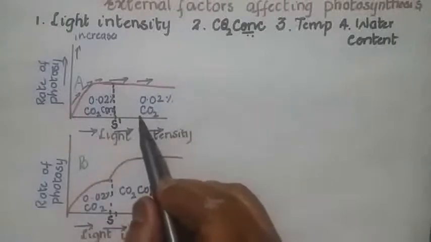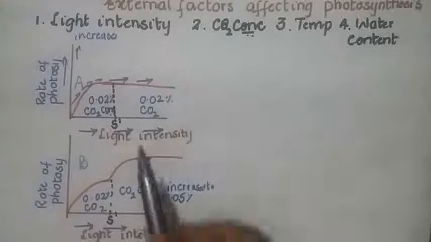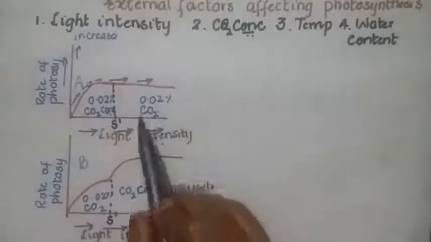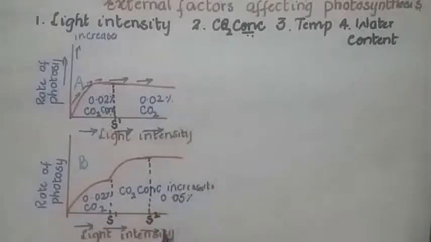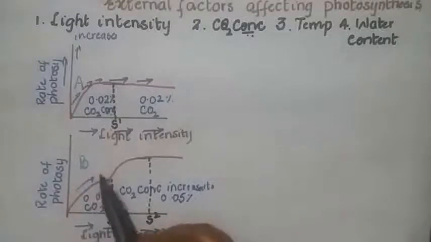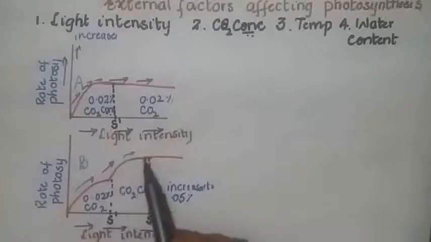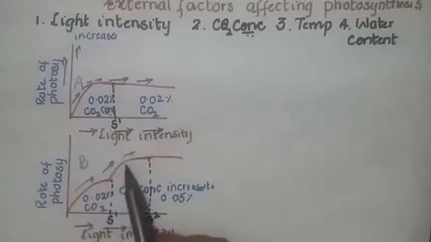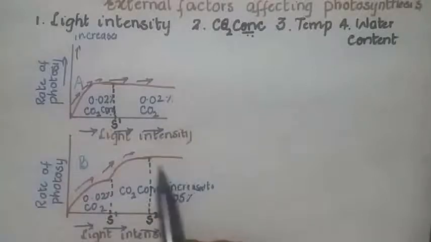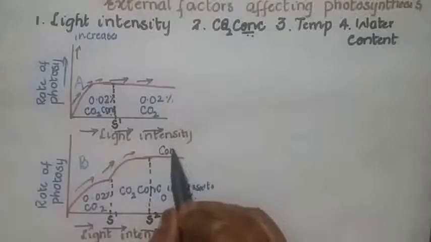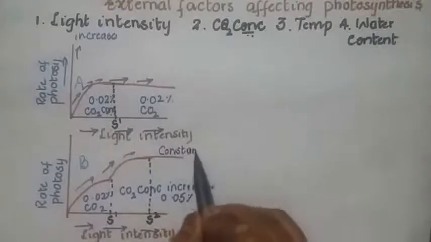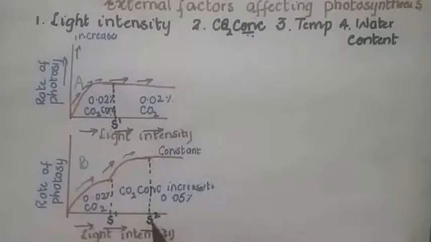In case there is an increase in the amount of carbon dioxide from 0.02% to 0.05%, and again there is a high intensity of sunlight, there is again an increase in the rate of photosynthesis from S1 to a higher level, and after reaching a certain position, it again becomes constant, or stabilizes, which can be named S2.